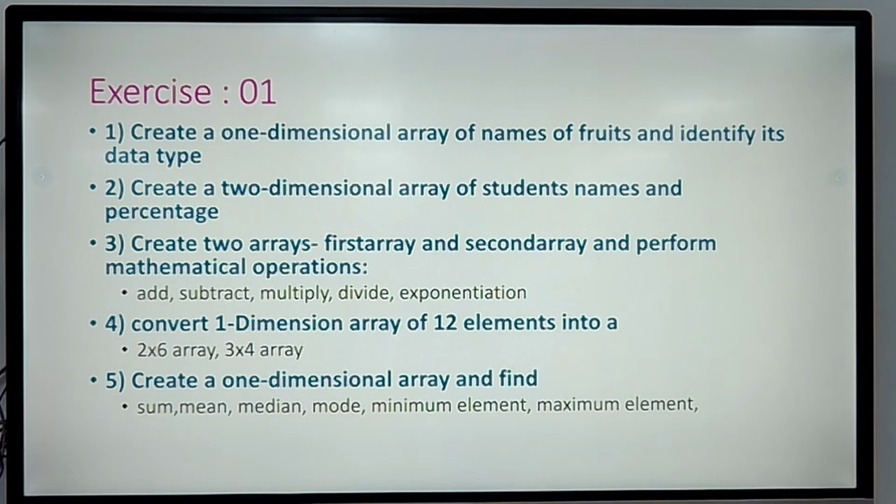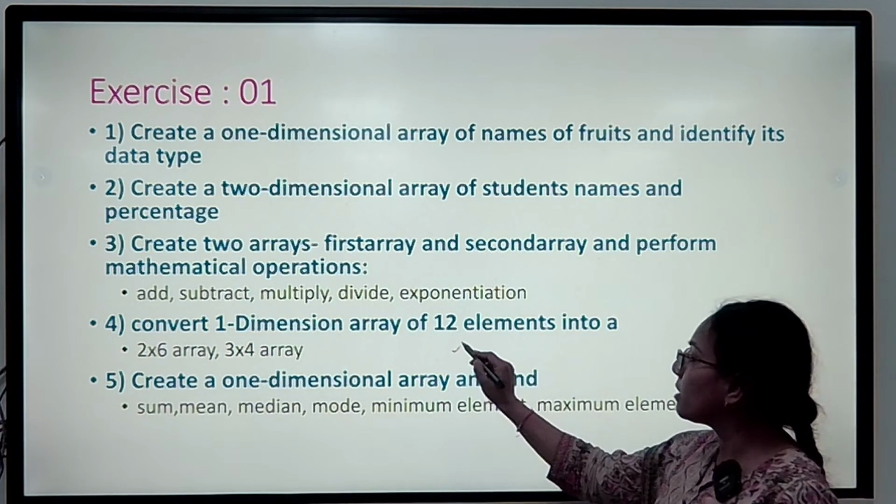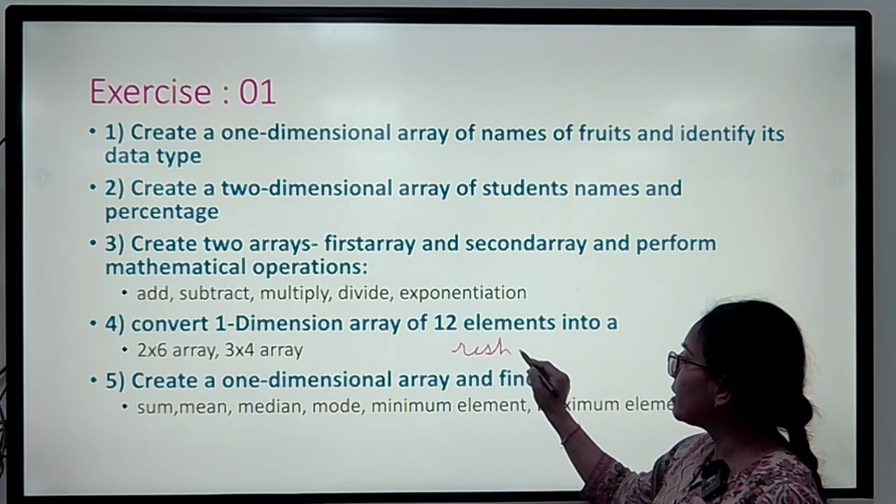There will be various mathematical operations: addition, sum, finding the mean, the median, the minimum element, the maximum element, what are the highest marks, the lowest marks, the average marks, and then how to convert a one-dimensional array into different ones. For this, we will use the function reshape.